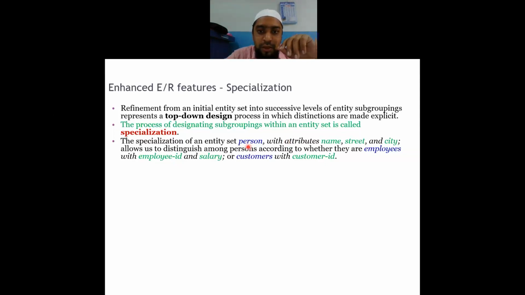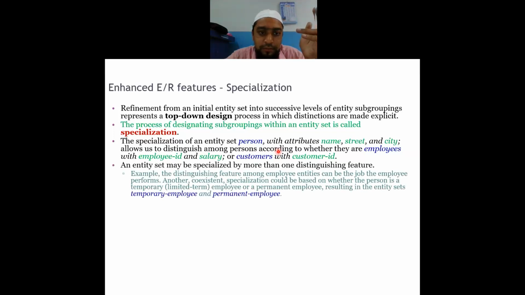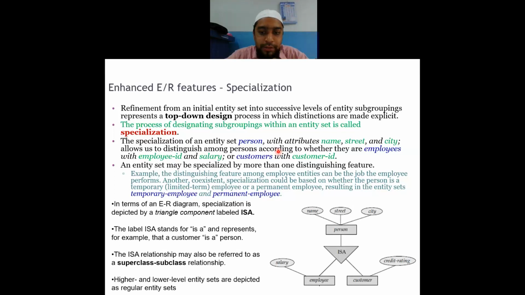For example, there is a person. Now, that person has a certain name, street, and city. But now you are classifying it based on employees in the bank or customers in the bank. Both are persons, whether temporary employee or permanent employee. So when I'm taking a person and classifying them in the top-down approach, then I'm applying some specialization.